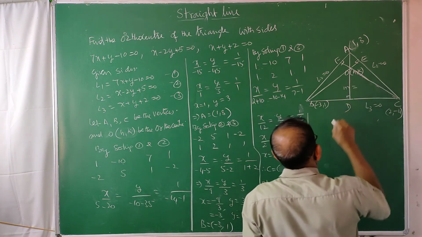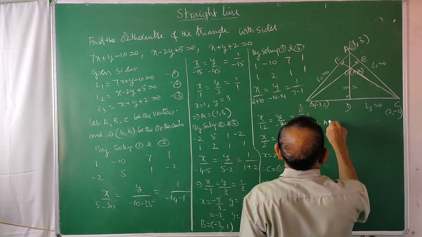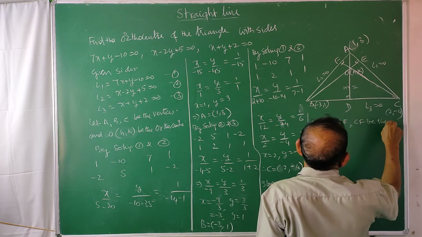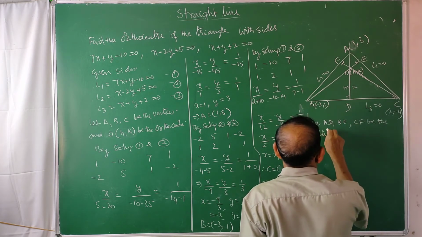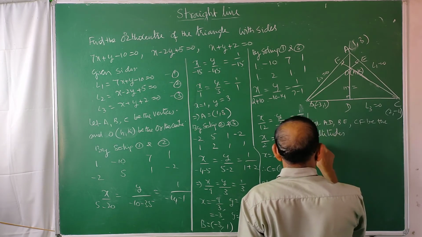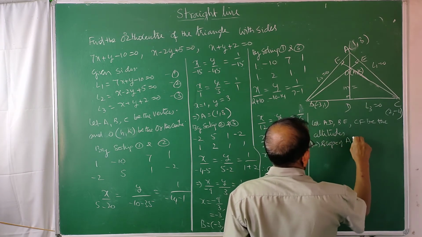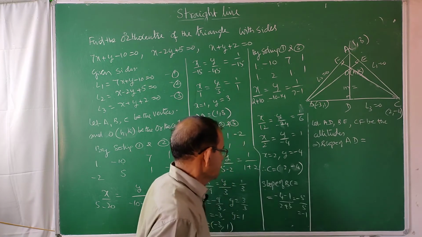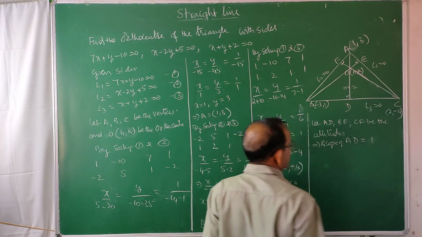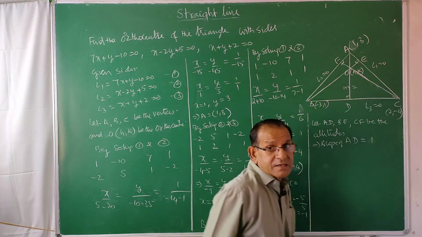So for AD, let AD, BE, CF be the altitudes. So the slope of AD is equal to plus 1, because the product of the slopes of these two lines must be minus 1. Now we got the slope of this line and a point on that line, that is (1, 3).